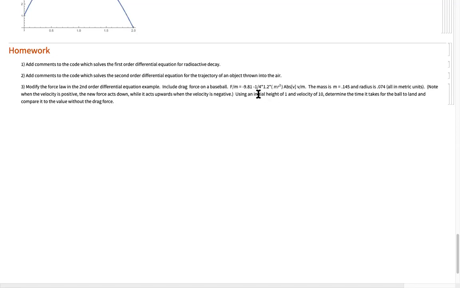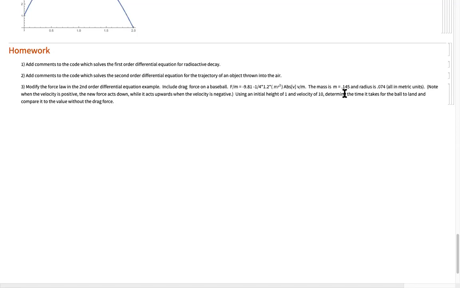Now, if you had physics, the 1/4 actually equals 1/2 times the drag coefficient, which itself is a half, so you get a half times a half, giving a fourth. 1.2 is the approximate density of air. Pi r squared is the area of a baseball. This handles the functional dependence of the drag force. It goes like a velocity squared, and the funny way of writing it here is just to handle minus signs, and then you have to divide by the mass to convert forces into an acceleration.